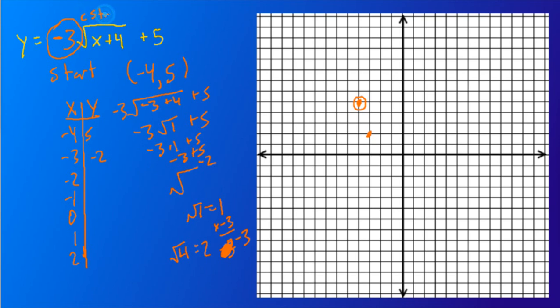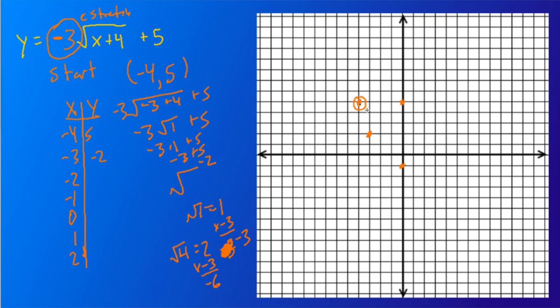My stretch is -3. So I times that by -3. I get -6. So if I go from my starting point, if I go right 4, square root of 4 is 2, times my stretch of -3, that's -6. So I'm going to go down from where I'm at, I'm right here, down 6 units. 1, 2, 3, 4, 5, 6.